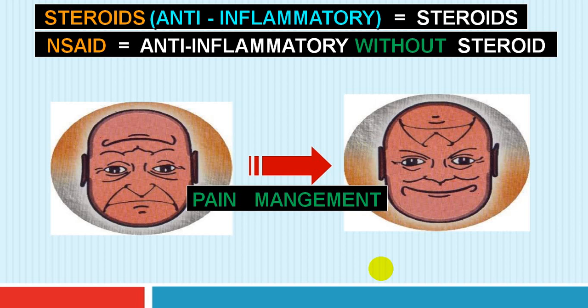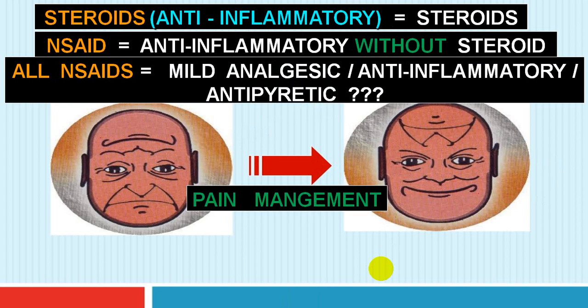So they can be utilized in non-infective as well as infective etiology which is producing inflammation. All NSAIDs are mild analgesics and good anti-inflammatories. Some may act as an antipyretic, but some may not have any effect on fever, may not reduce fever appropriately.